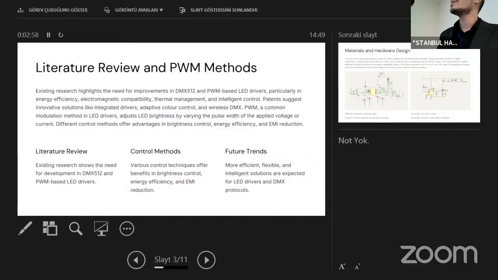Patents suggest innovative solutions like integrated devices, adaptive color control, and wireless DMX. PWM, a common modulation method in LED drivers, adjusts LED brightness by varying the pulse width of the applied voltage or current. Different control methods offer advantages in brightness control, energy efficiency, and EMI reduction.